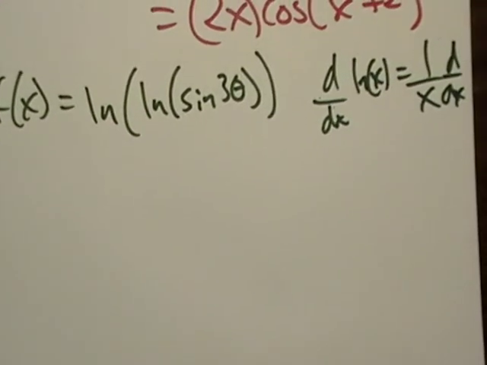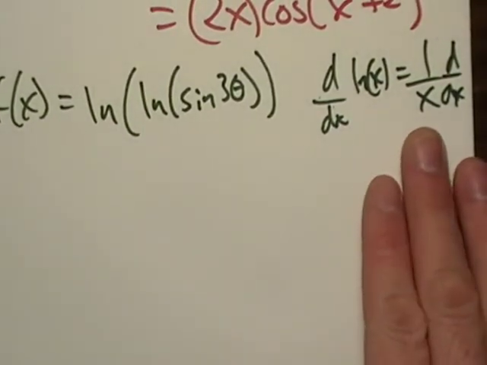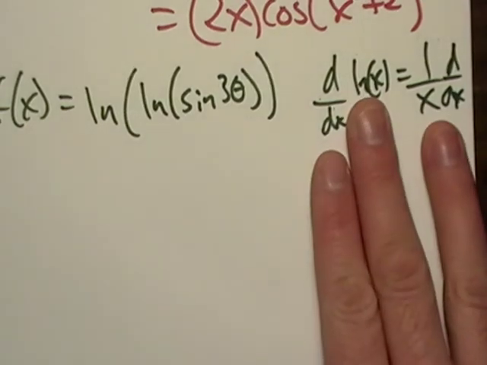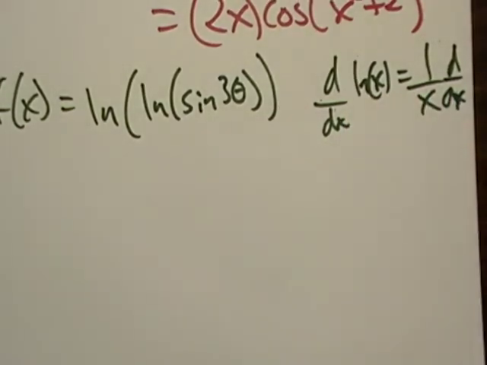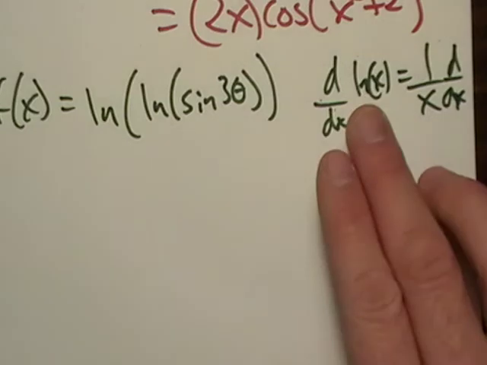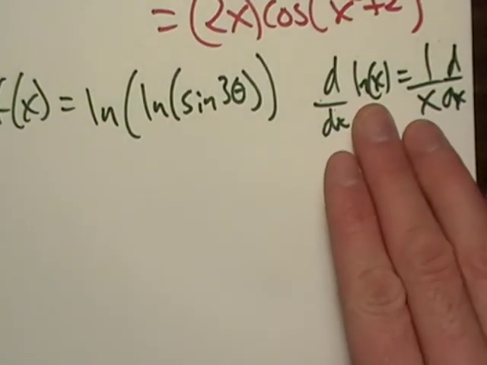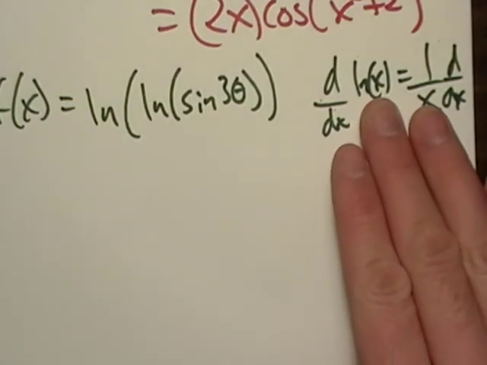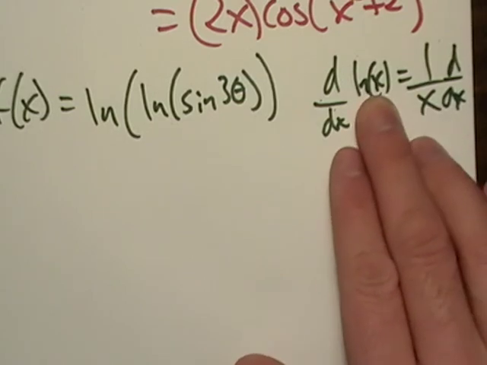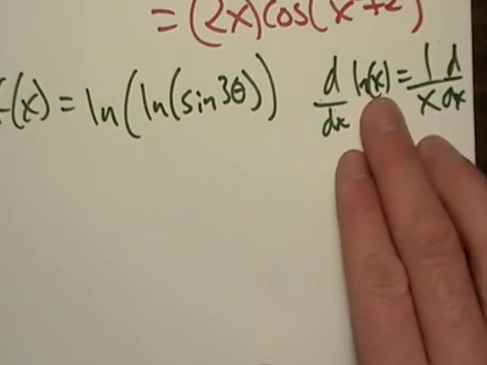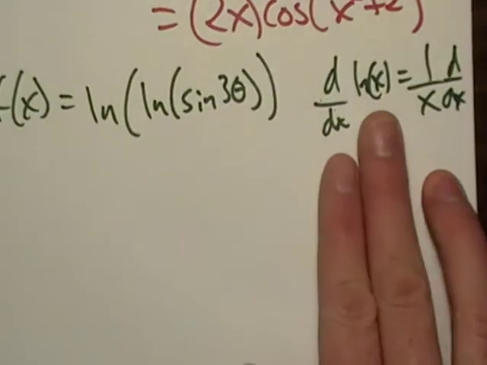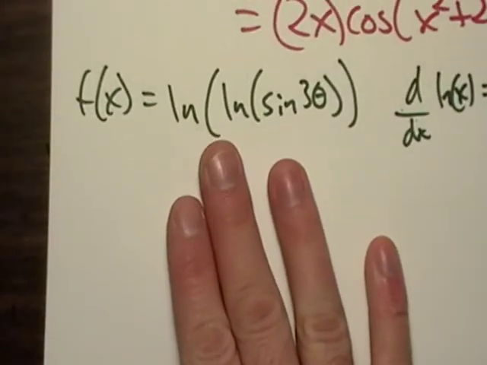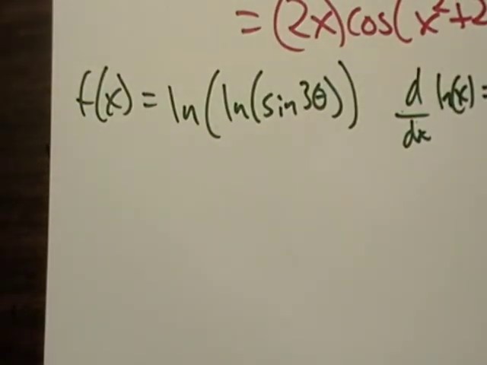I don't know if you know that little piece of information, but it's a really easy derivative, and it uses the chain rule every time. Whatever's inside the logarithm, you just write the reciprocal of it, and then you take the derivative of x. Maybe it's something not x like this. Something crazy. So what are we going to do first?